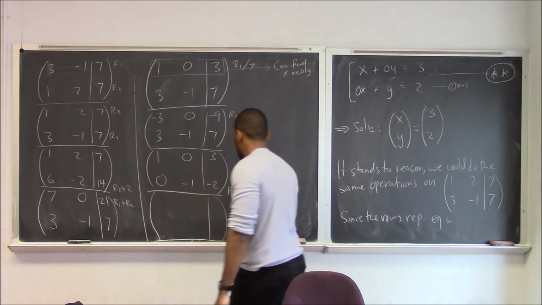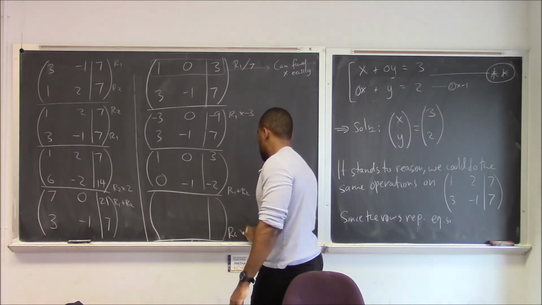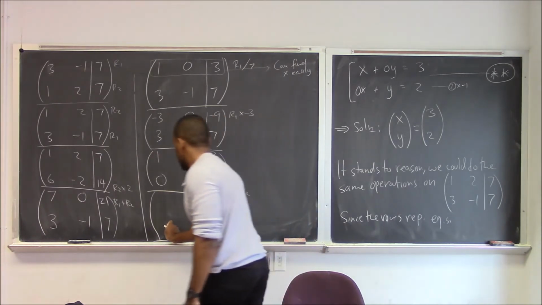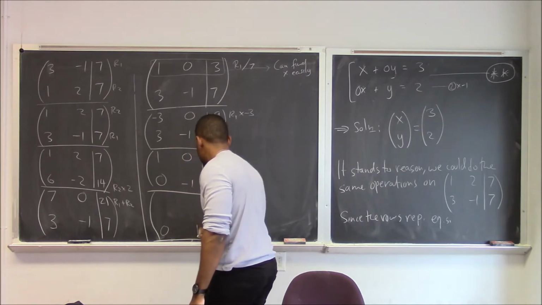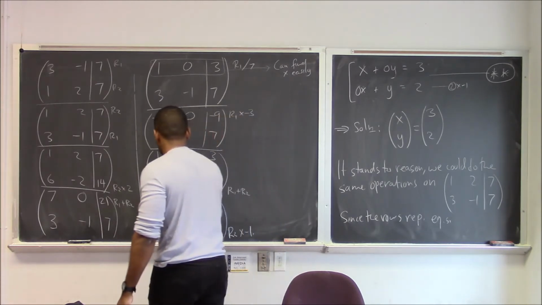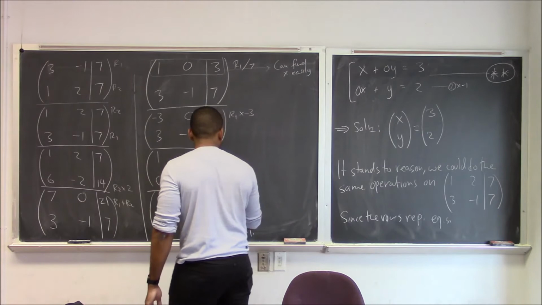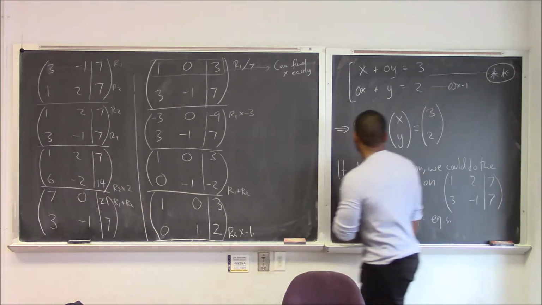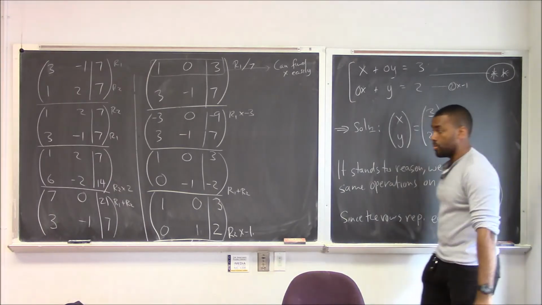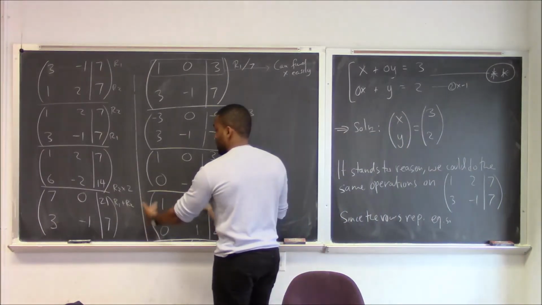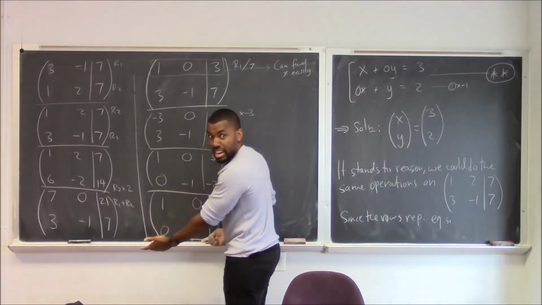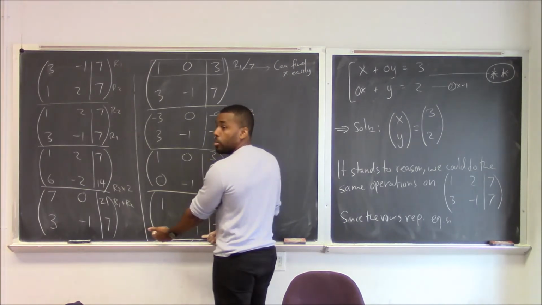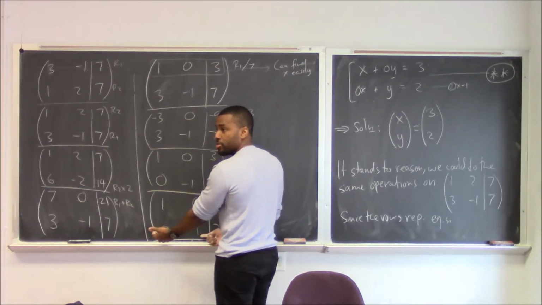by taking the second row and multiplying by -1. That would give me 0, 1, 2. This will give me 1, 0, 3. And you'll notice that now this column here looks just like our answer vector. Notice that over here, this looks like the identity, and it's a very efficient form, right?